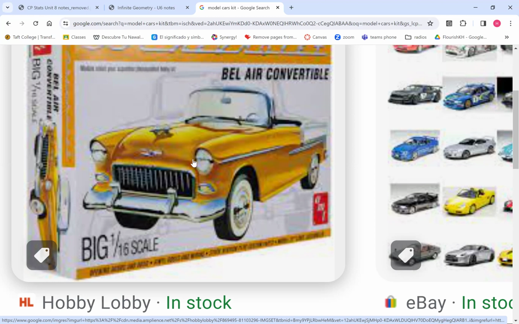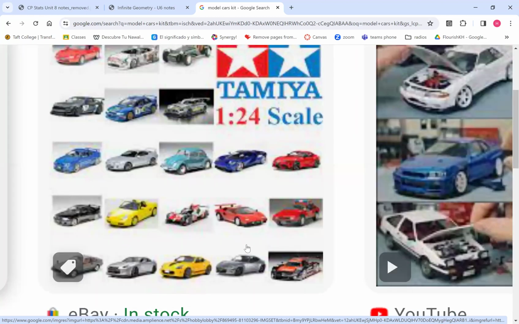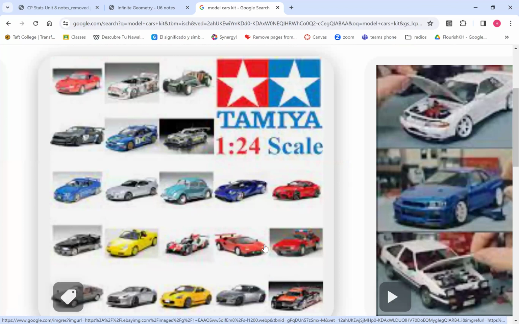You measure it, and it says 1 inch on the toy car is 16 inches on the real car. And then same thing here. Let's say you were to have one of these cars, and you're like, oh, I wonder how big they are in actual life. 1 inch on the toy car is 24 inches on the real car. So that's what scale means.